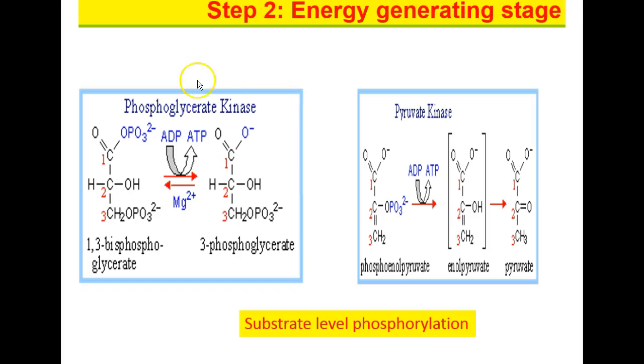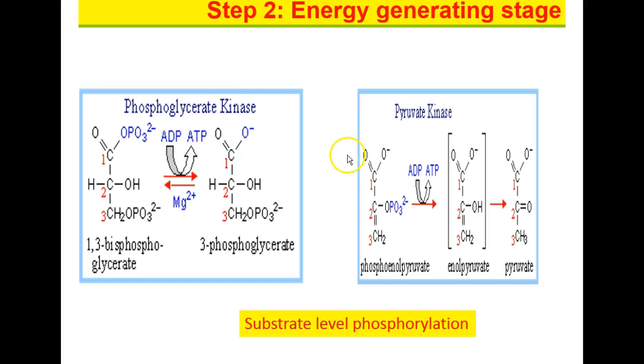The dephosphorylation steps are the step in which 1,3-bisphosphoglycerate is dephosphorylated, the phosphate is given to ADP, and ATP is produced in the process. The enzyme in the reaction is phosphoglycerate kinase. The substrate is the source of the phosphate that is given to ADP, which is then converted to high-energy ATP.